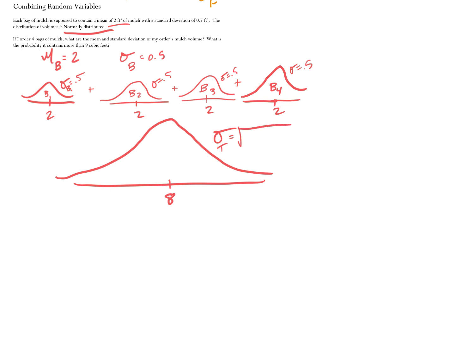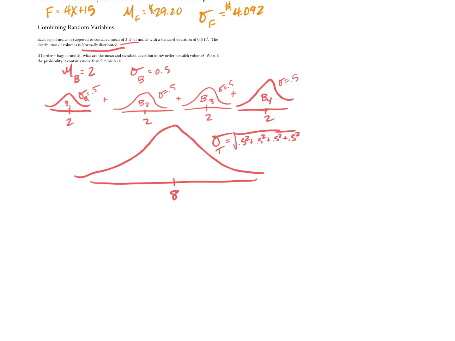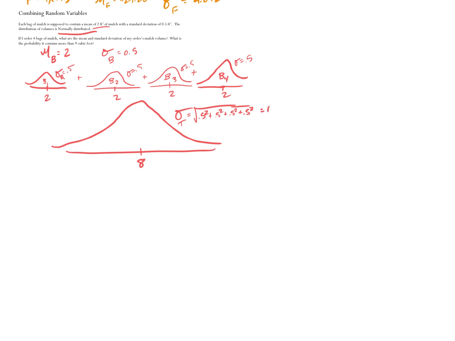You're supposed to do the square root of 0.5 squared plus 0.5 squared plus 0.5 squared plus 0.5 squared. Which, by the way, is equal to 1. Do you guys remember having to do that weird squarey Pythagorean theorem thing?